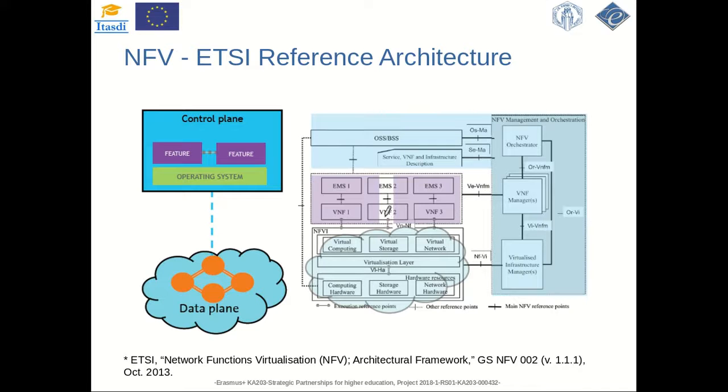Above we have different services provided by the VNF infrastructure, and all of them are managed by the NFV orchestrator, which is on the top of all, like the main brain of this management and orchestration platform. Above we have many VNF managers controlled by the orchestrator, and a virtualized infrastructure manager for the different virtualization layers below.